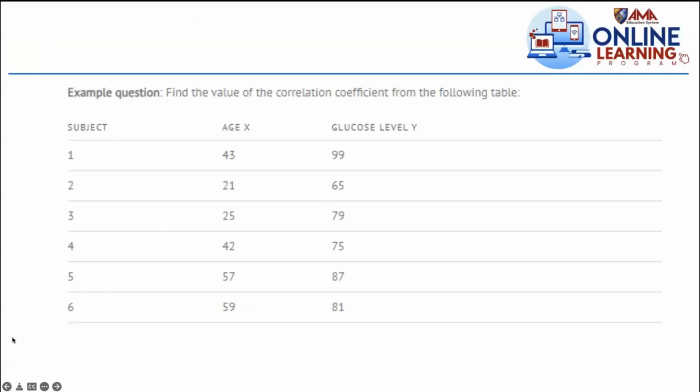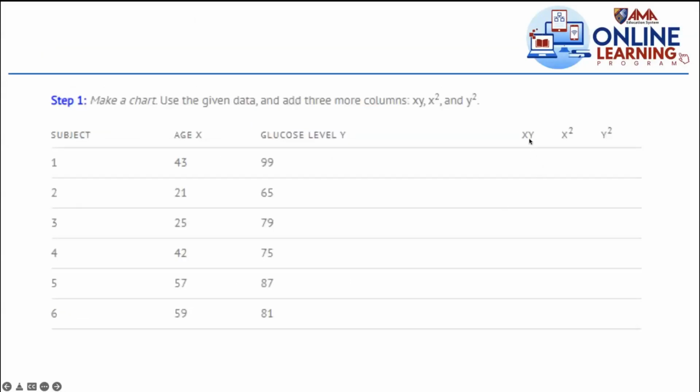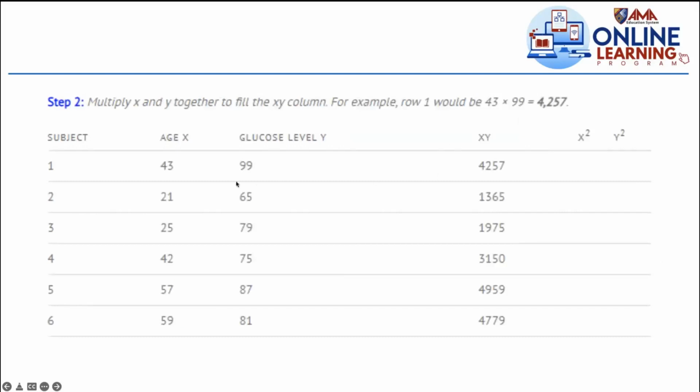Okay, so to use the formula, these are the columns that you need: the xy, the x squared, the y squared. Because later you'll get the sum of all of these and then input the values into the formula. So xy, meaning 43 times 99, then 21 times 65, and so on and so forth.